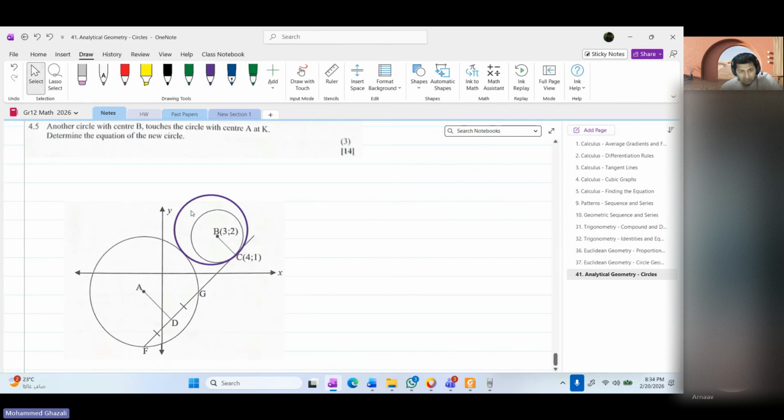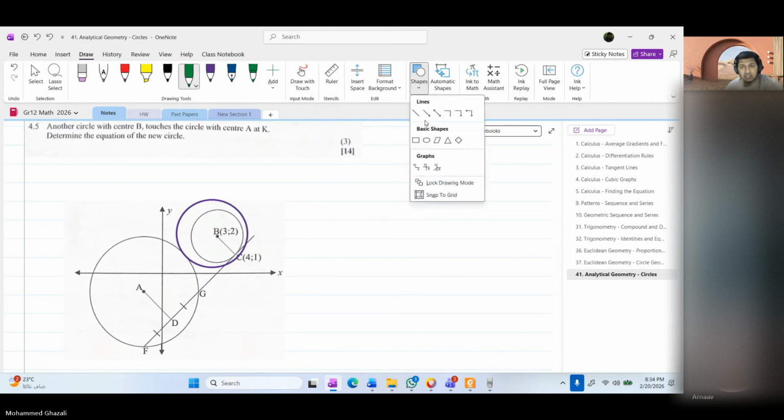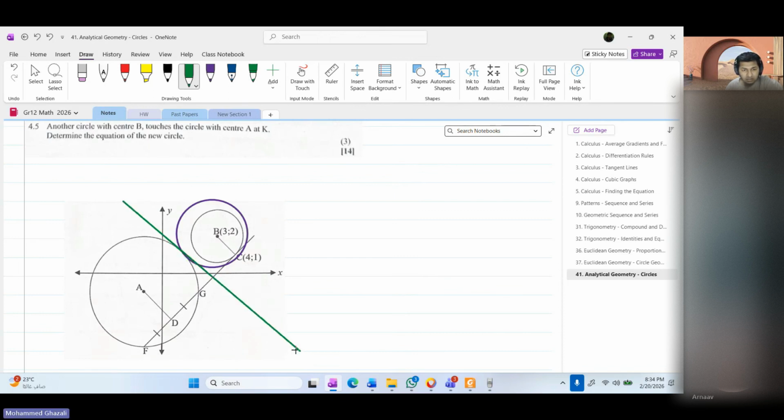You have to draw another circle with the same center B, and it touches the circle with center A at K. So these two circles are touching at K. Great. Determine the equation of the new circle.